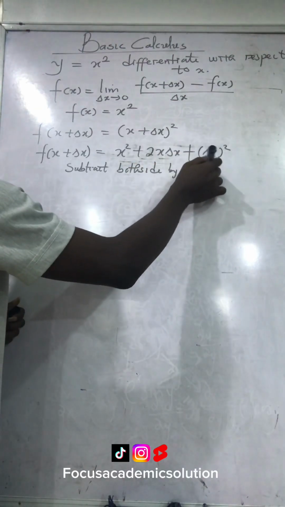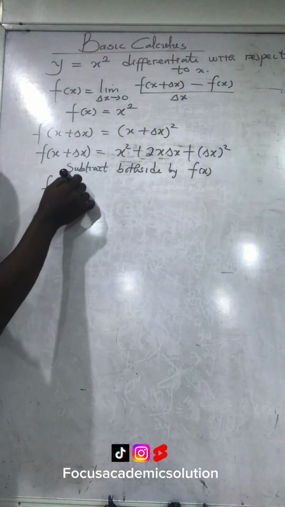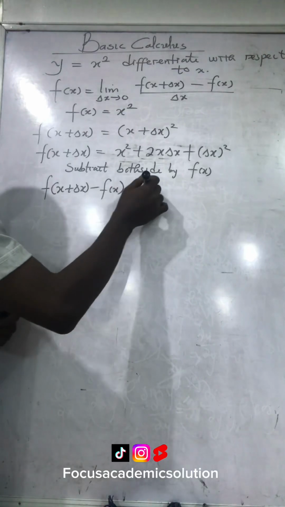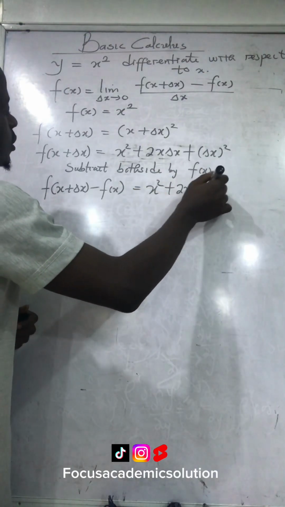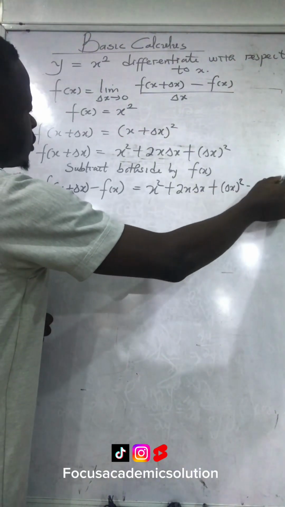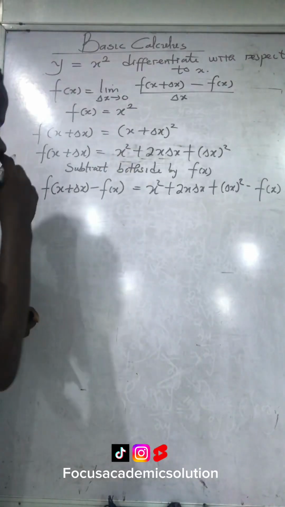Subtract both sides by f(x). So here we have f(x plus delta x) minus f(x). Likewise, I have x squared plus 2x change in x plus change in x all squared, minus this, and f(x) is x squared.